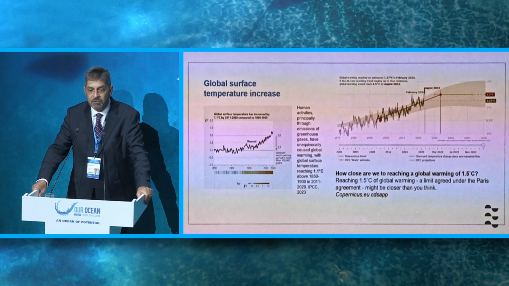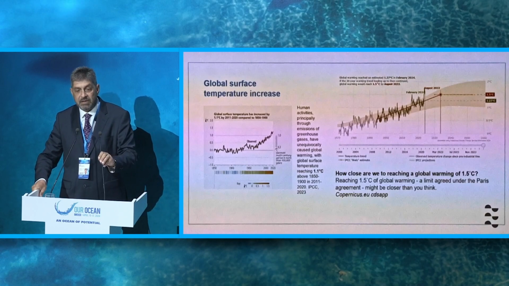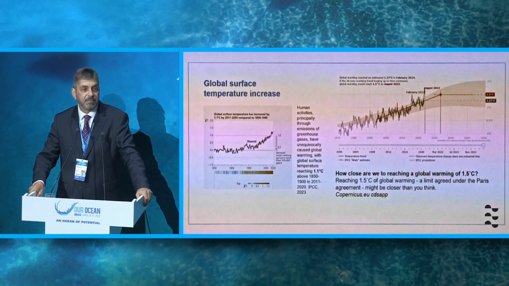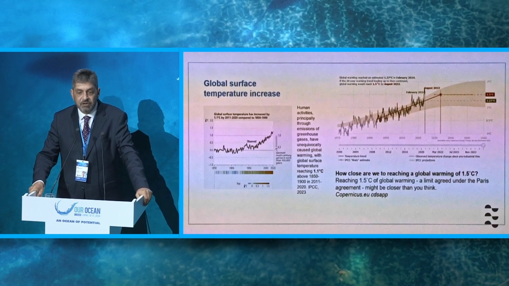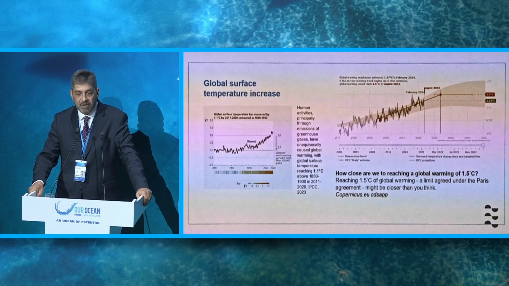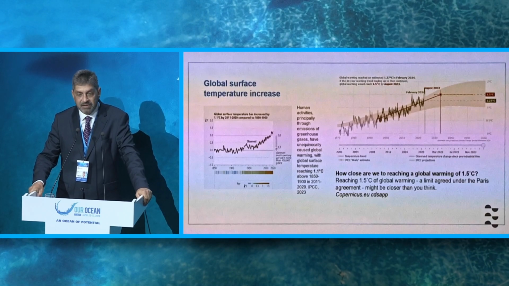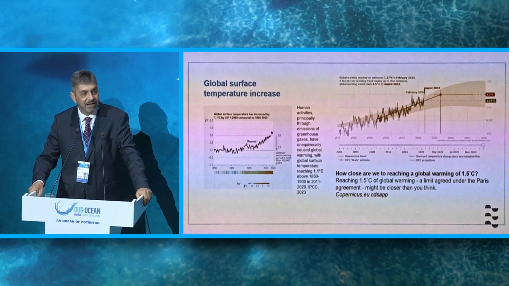However, if you go into the webpage of Copernicus, this beautiful information system supported by the European Commission, you will see that last February, we had an average temperature of the planet at 1.27 degrees.